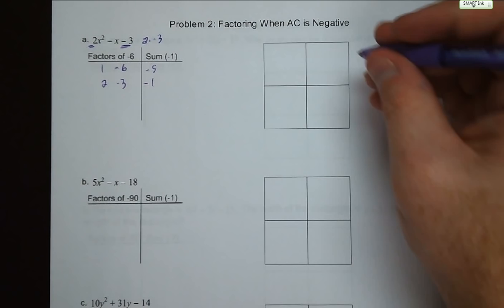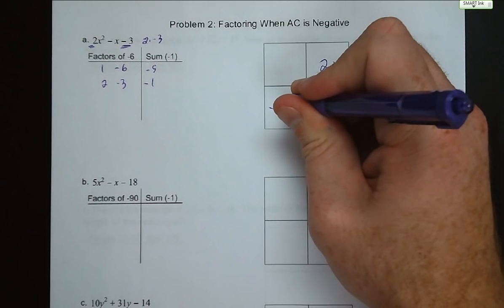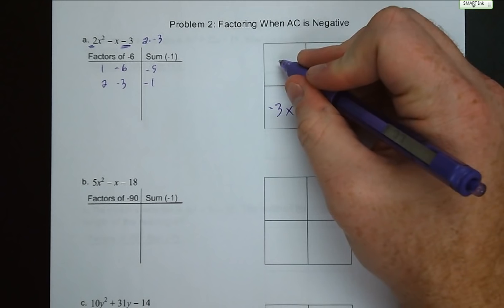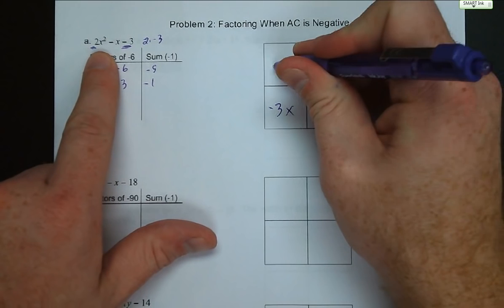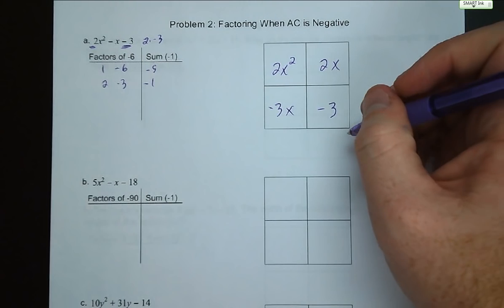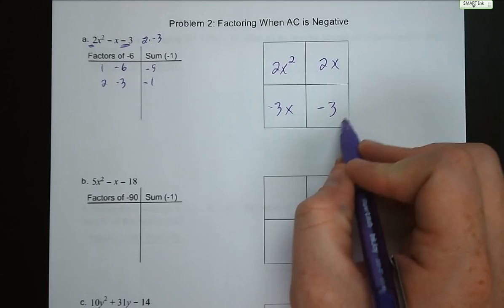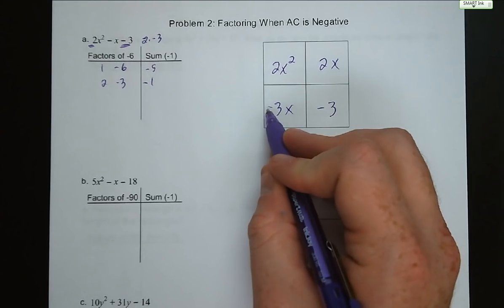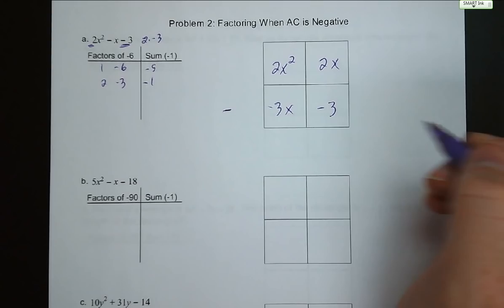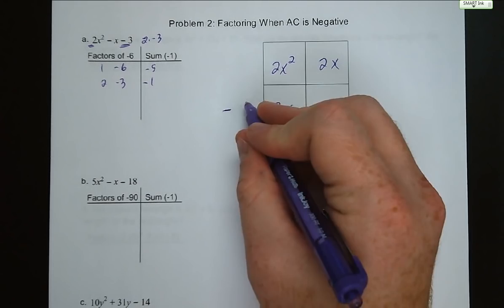So we plug those in. We have 2x, negative 3x. Take our information from our equation, 2x squared, negative 3. And now we need to factor. Common factors here. Again, you have a negative sign in this box, so we bring that negative outside. We've got a negative 3x, negative 3, so our common factor is negative 3.